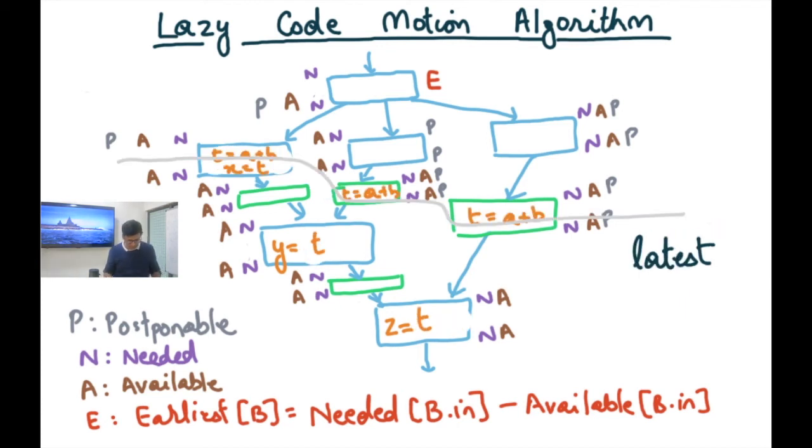I'm going to call this the latest position, the latest basic block where the expression a plus b can be computed. So the latest for this example will be 3 blocks, this one, this one, and this one.